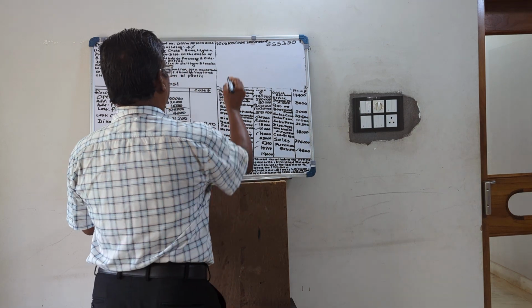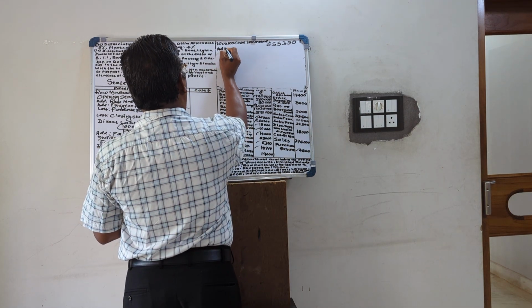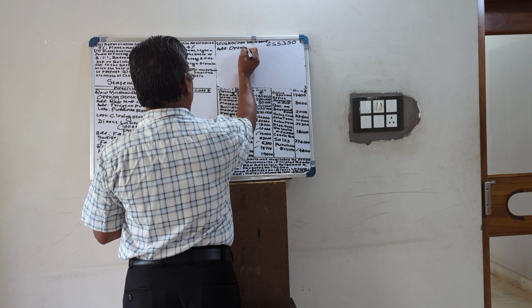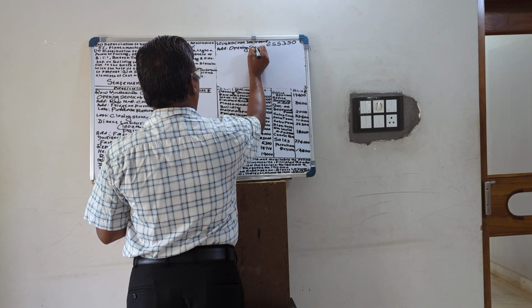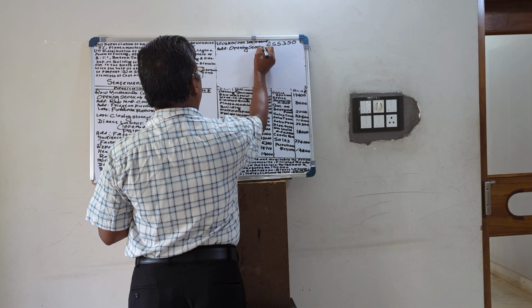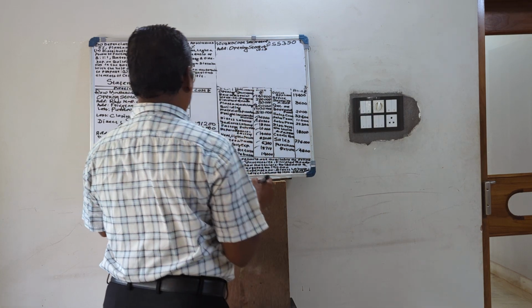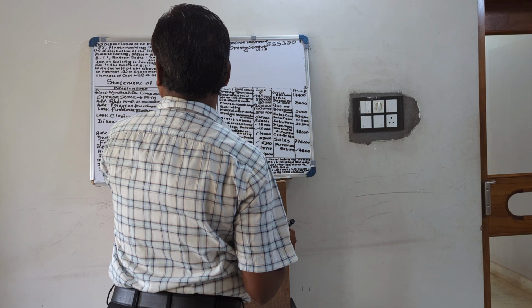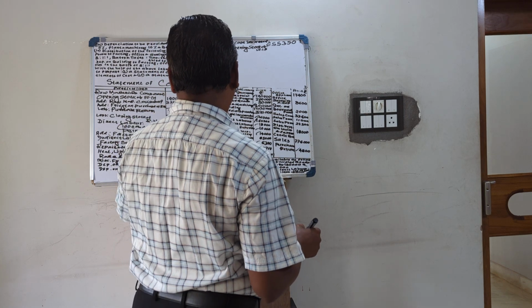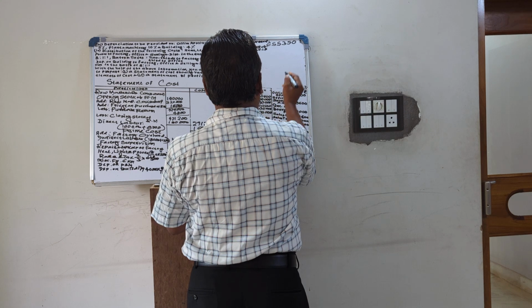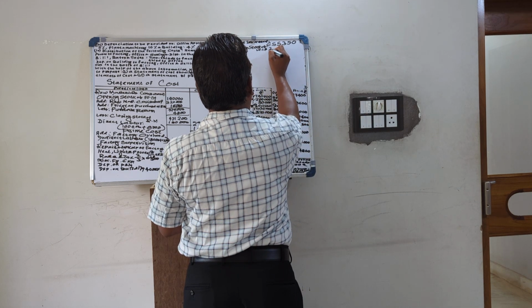Work cost incurred 6,55,350. And opening stock of work in progress. Opening stock of work in progress is given here, 2 lakhs. So we add 2 lakhs.